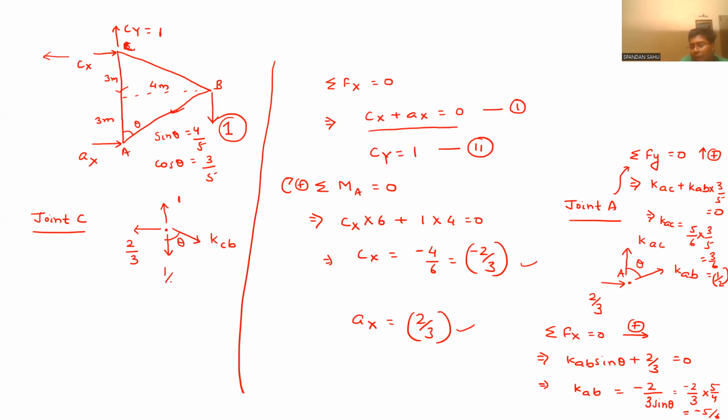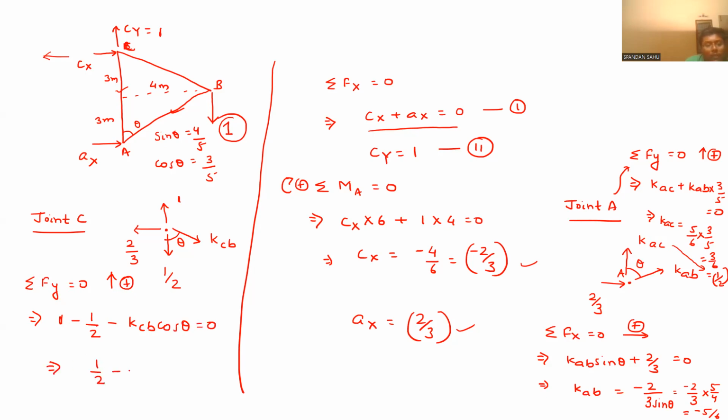FAC we got as half. This is FAC value actually, half. So now we just have to do summation of Fy equal to 0 in the vertical direction. So 1 minus half minus KCB cos theta will be equal to 0.